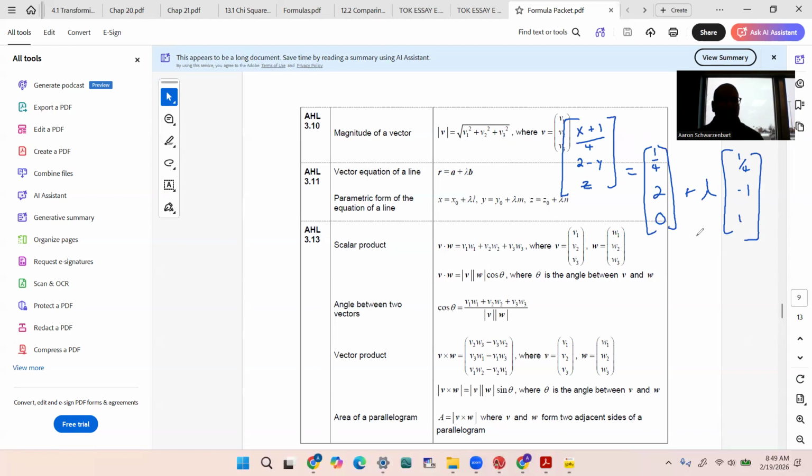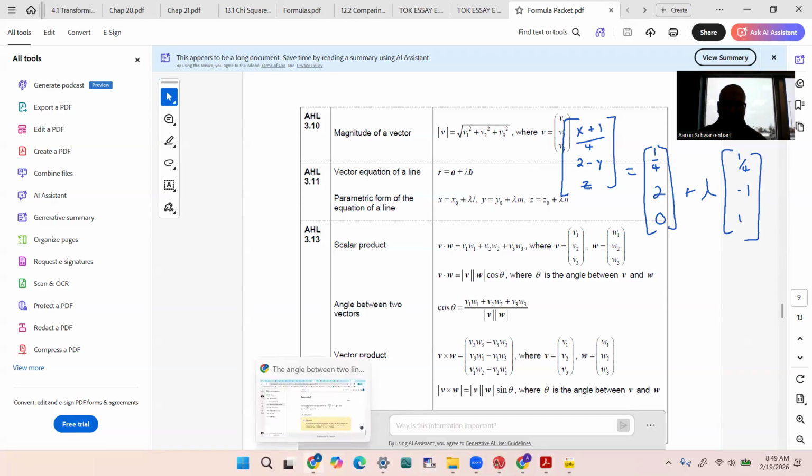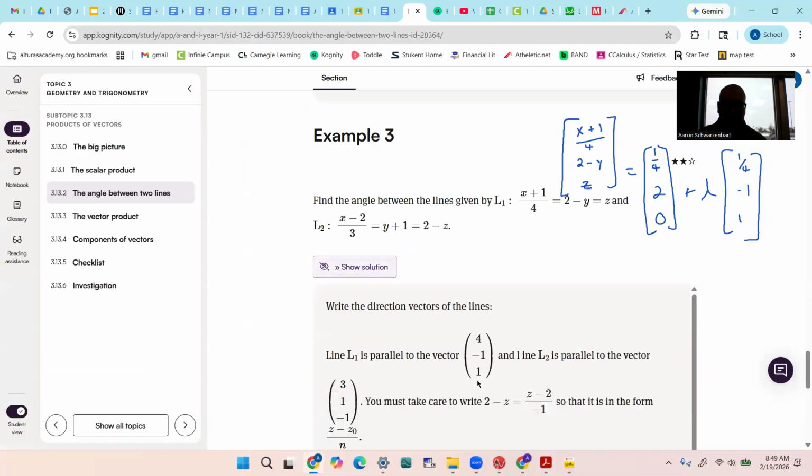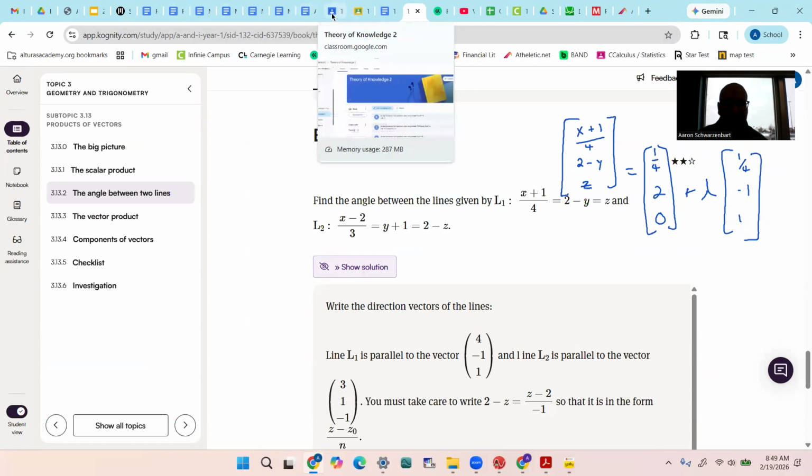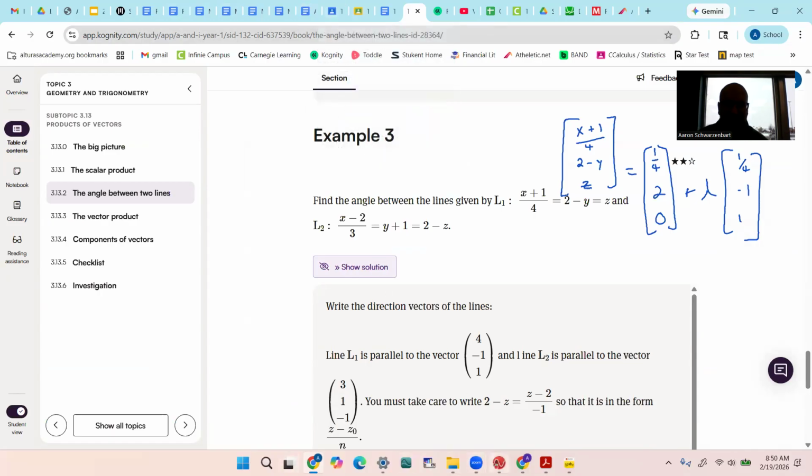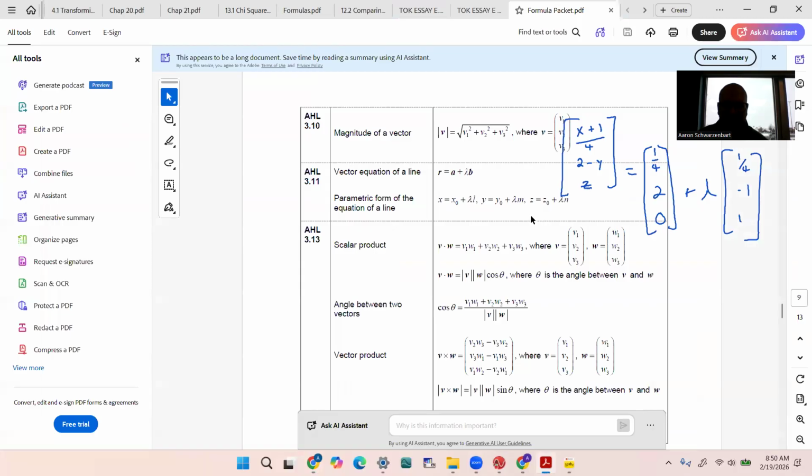That's what I think. Let's see if I'm right. L1 is parallel to the vector 4, -1, 1. I'm confused from the formula packet here.